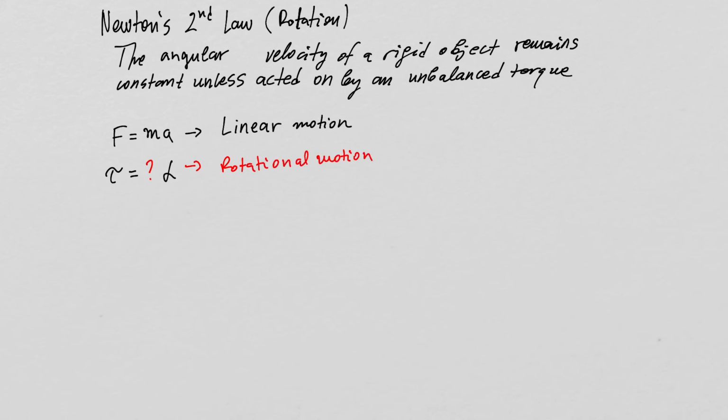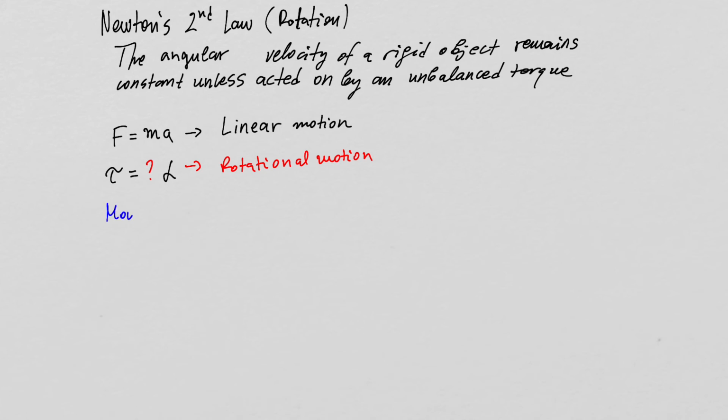So for rotational motion, torque must be equal to the product of a quantity that we haven't discussed yet and the angular acceleration of rotation. Well, this unknown quantity is called moment of inertia.